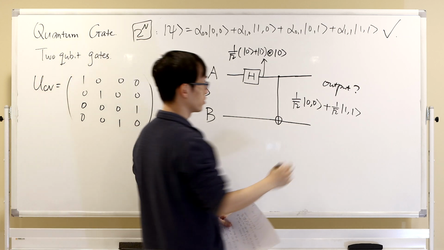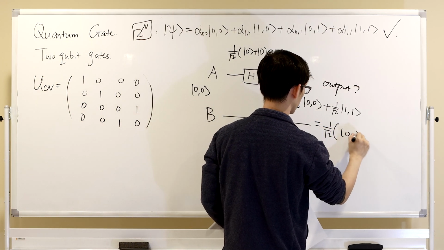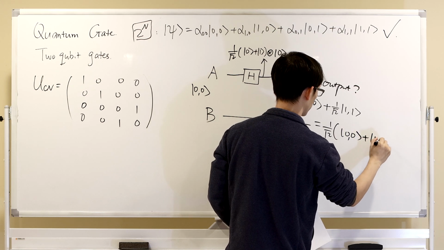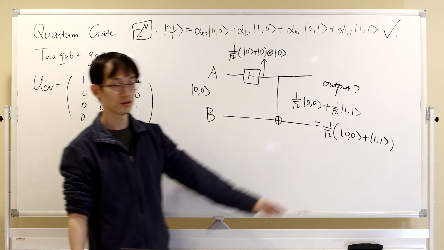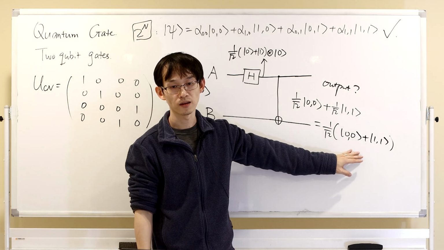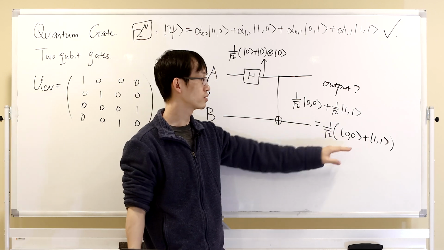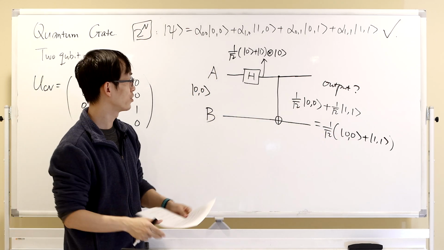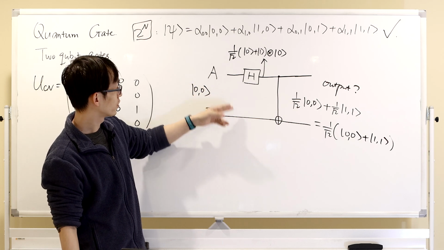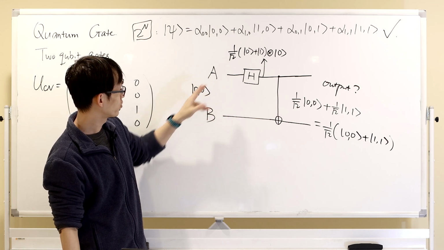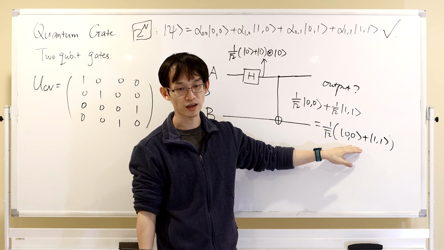So the net result here is that this state cannot be described by two separate qubits. This is the entanglement state. It's actually a maximum entanglement state we'll talk about later. This is the most widely used quantum circuit: to have two separate qubits, both in the ground state, and then make them into an entanglement state.